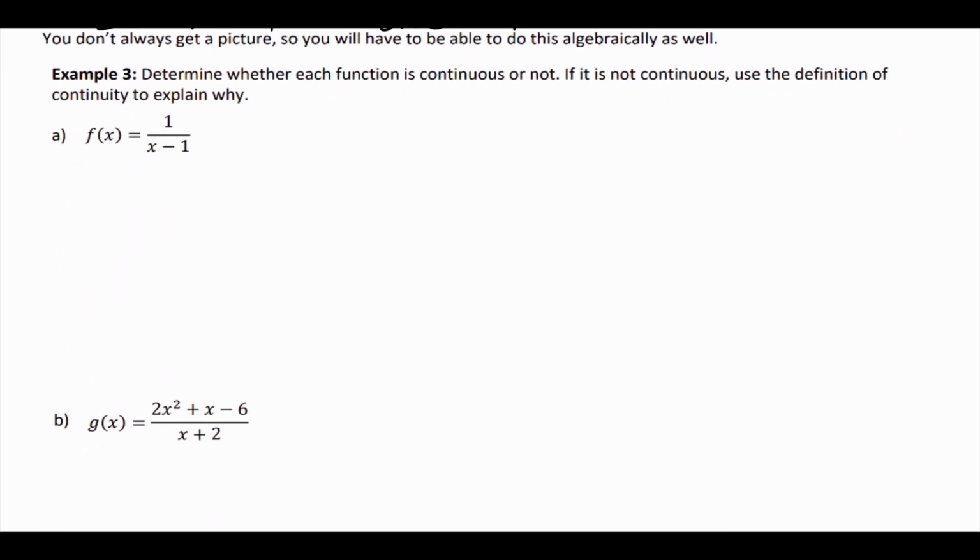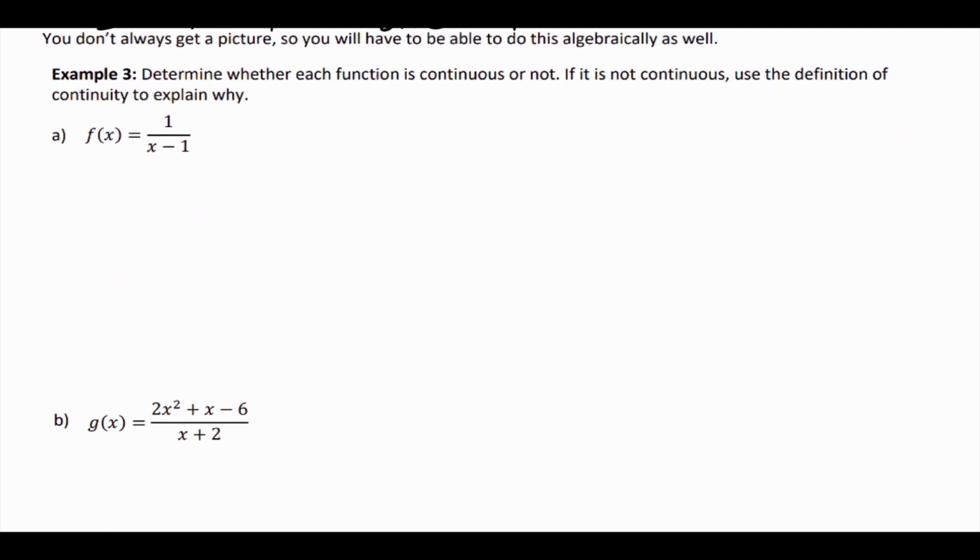Determine whether each function is continuous or not continuous. Use the definition. Okay, look at A. Theoretically, we have to check every x value from negative infinity to positive infinity, but that's literally an infinite number of possibilities. So let's focus on what might be a problem.